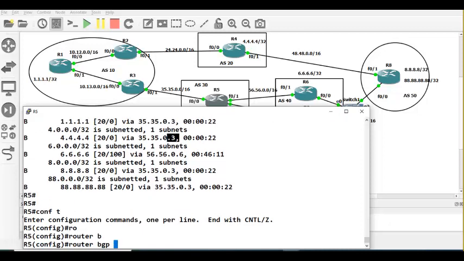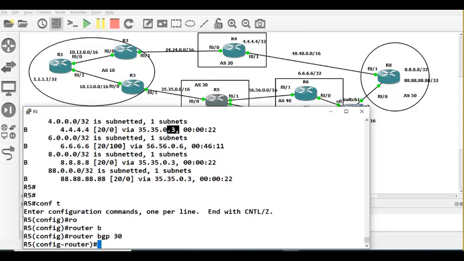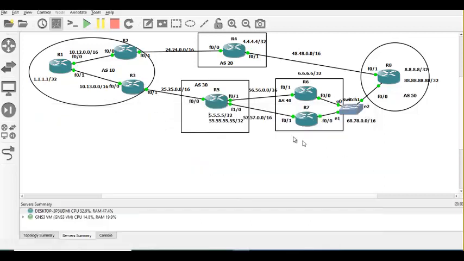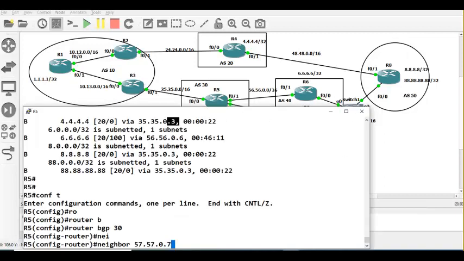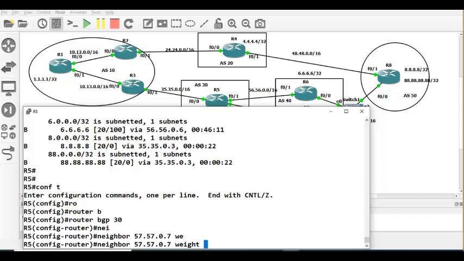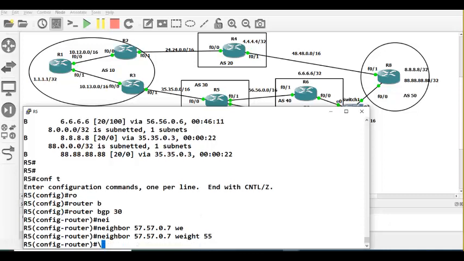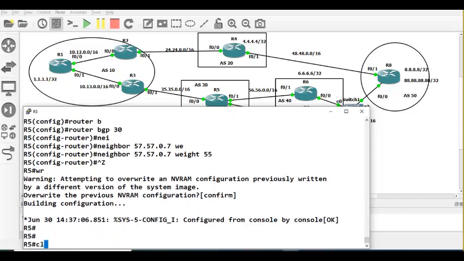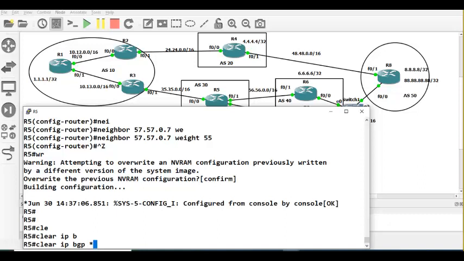Router BGP 430, neighbor 57.57.0.7. See, that's the IP address of router 7. Weight. Via router 3, I have given 50. Here I am going to give 55. Clear IP BGP star.